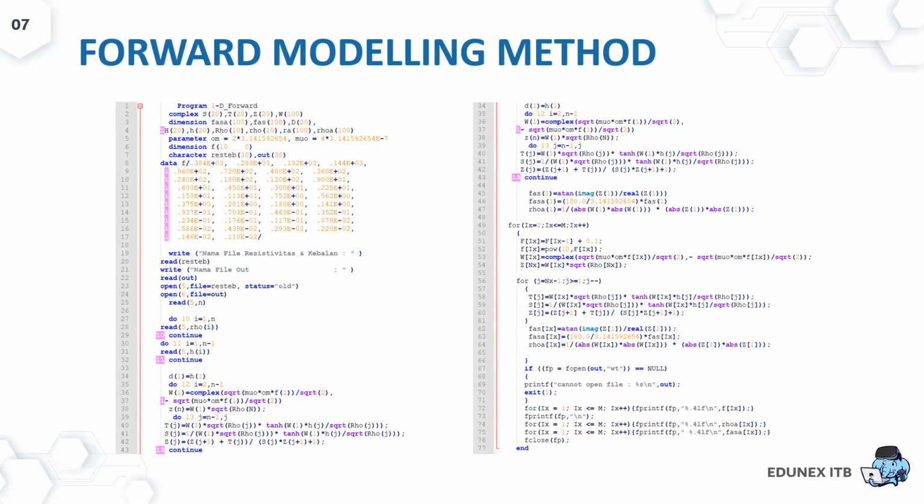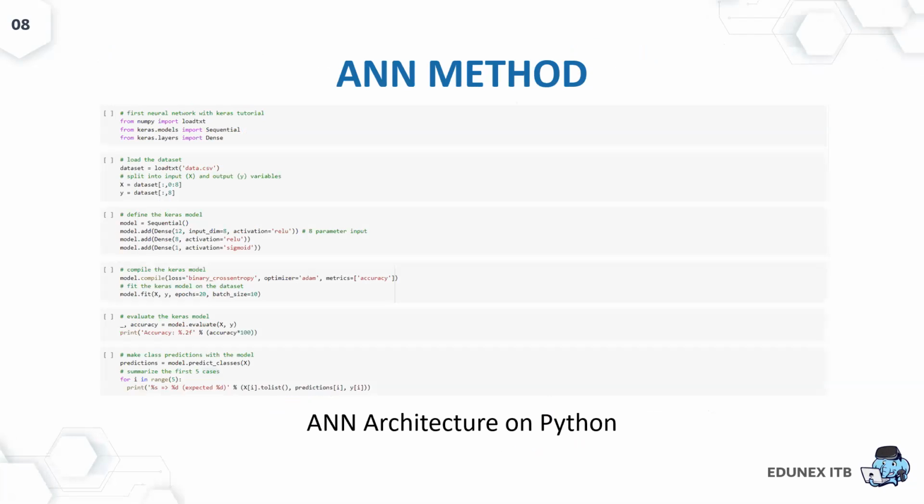This is the regular method, and my method is using the artificial neural network. Here I'm building the ANN architecture model in Python. It's easy to use. We can change the neurons of each layer, input how many neurons, and determine how many inputs and how many outputs.